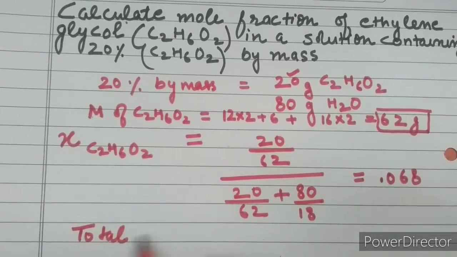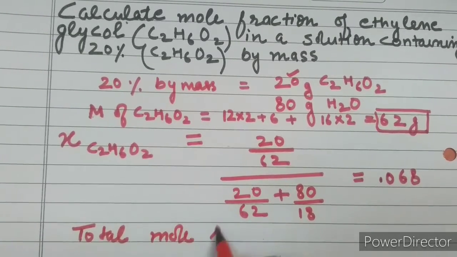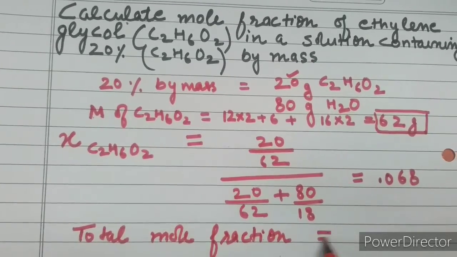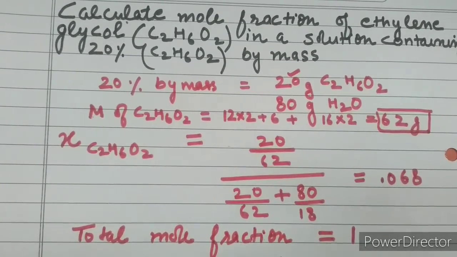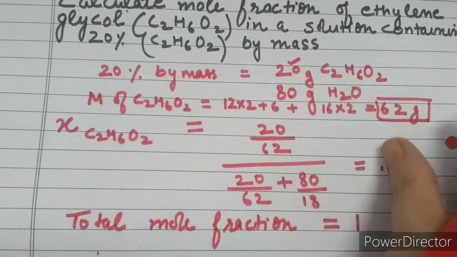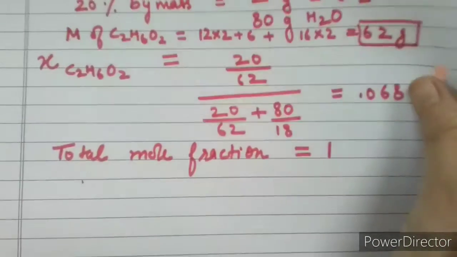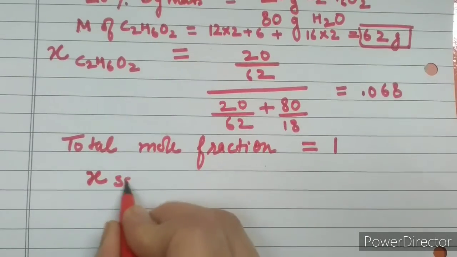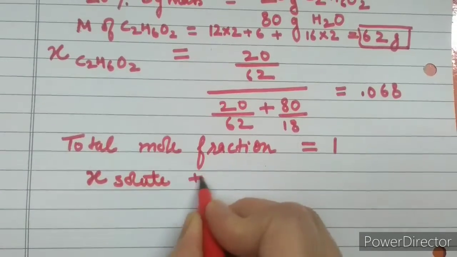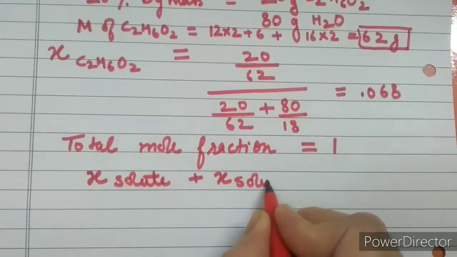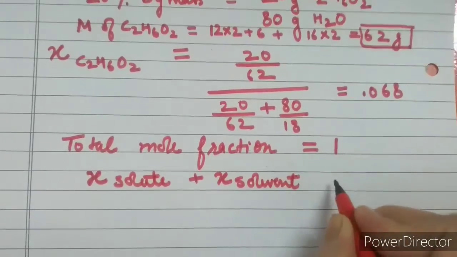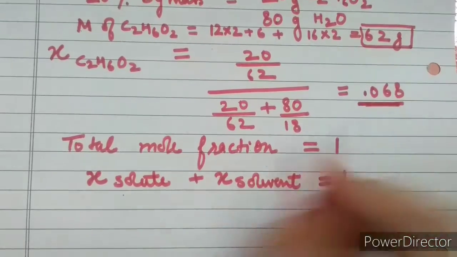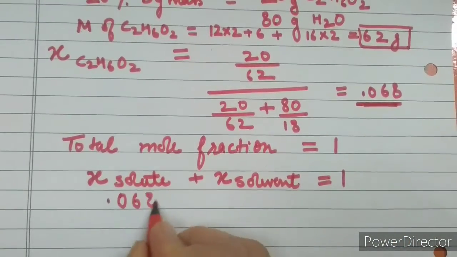So always remember that the total mole fraction of a solution is always 1. That means the mole fraction of solute plus the mole fraction of solvent will be equal to 1, and the solute we just found out to be 0.068.